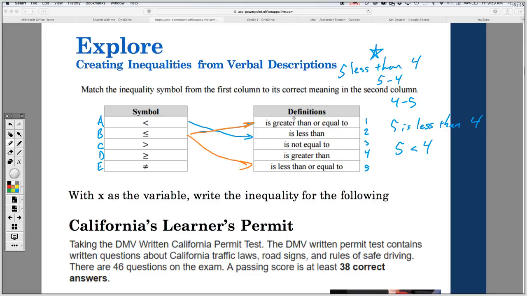All right, so is B greater than or equal to, or less than or equal to? So remember, how do you read it from left to right? Oh, okay. So we have B here. So really it's just whether it points to the left or to the right. Right?